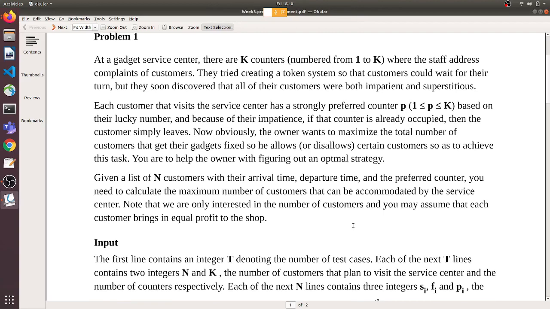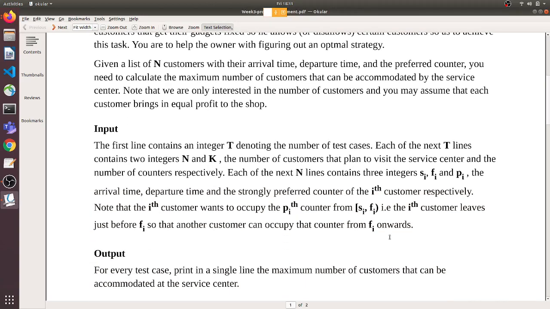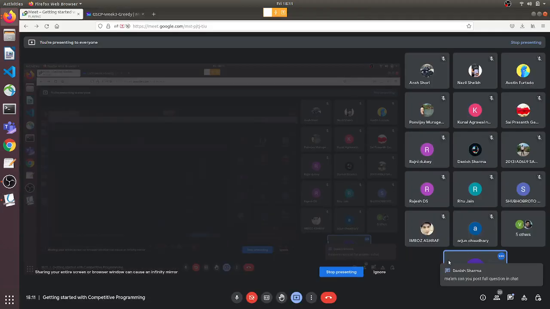So the input format is that you'll be given an integer t denoting the number of test cases.